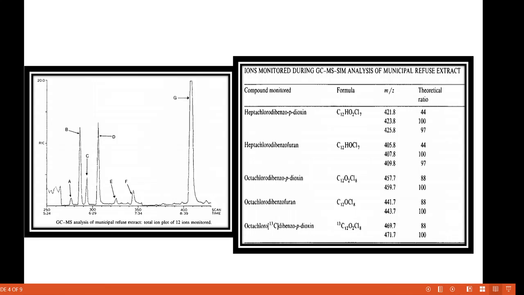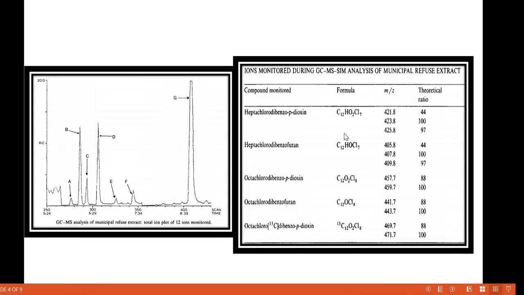So student, here is how the SIM analysis is used for the identification of a compound, shown in this figure. In this case the total 12 m/z values are observed. Out of these 12 m/z values, only 7 peaks are detected.